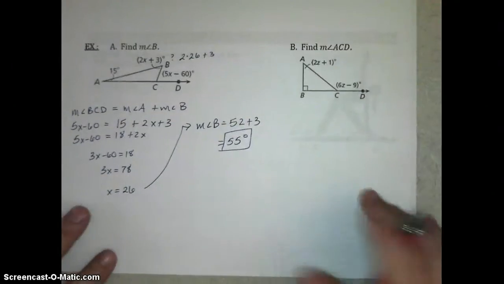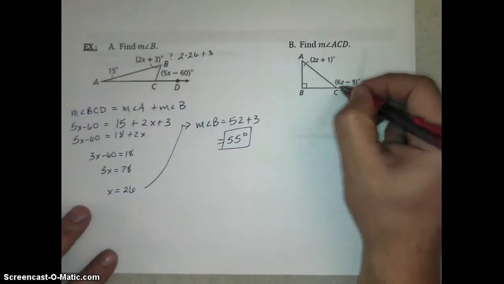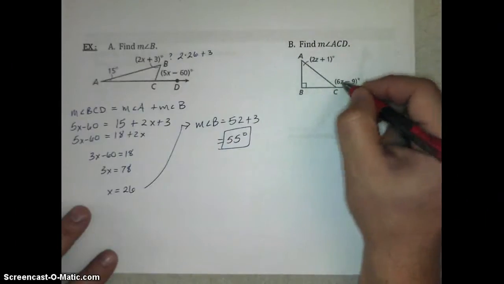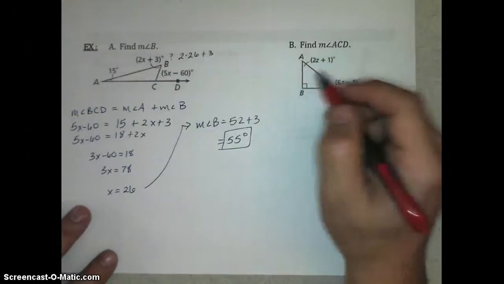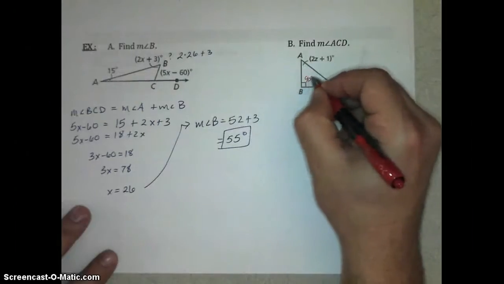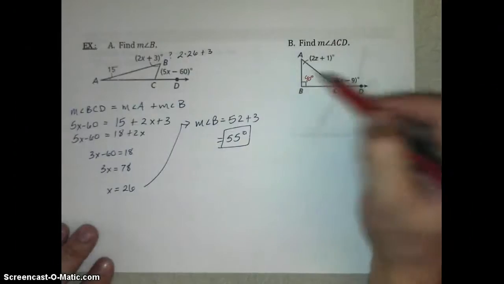All right, let's try part B. We have right triangle ABC, and we have this exterior angle ACD as 6z minus 9, and the interior angle A is 2z plus 1, and you do know that the right angle has to be 90 degrees. And so to find the measure of ACD, we're going to set up an equation.